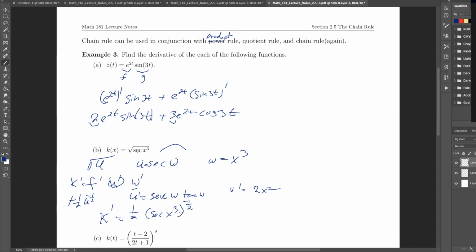So that's the first chain rule. Then I'm going to take what the derivative of the inside is, which is secant x cubed tangent x cubed, secant tangent, because that's what the derivative of the inside is. But now I still need to take the derivative of the inside of that, which is equal to 3x squared. Sorry, that should be a 3.